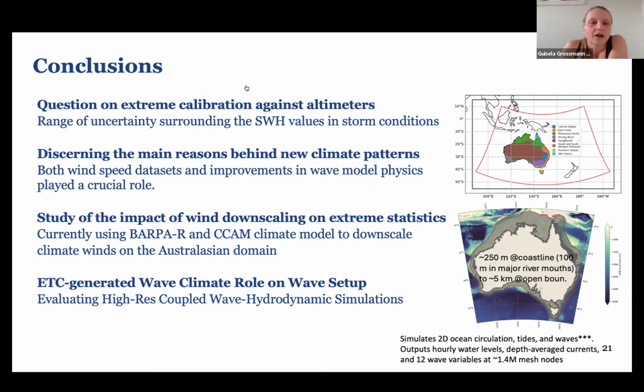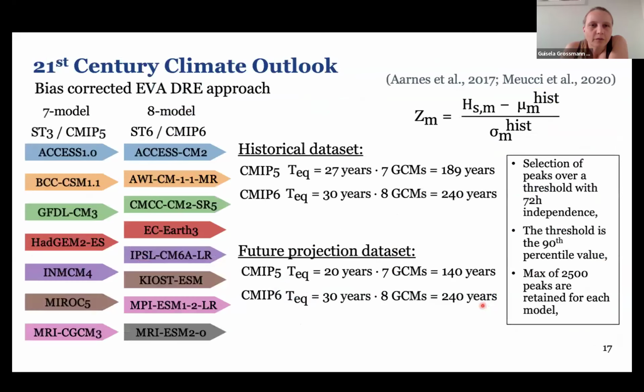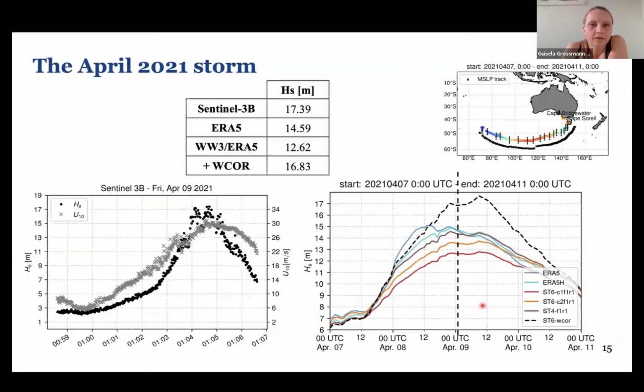Alberto, thanks for your talk. Could you go to slide 15? I think it was 15, with your comparison with the new ST6 simulation. Is it this one? Can you see it? Oh, yes, that one.